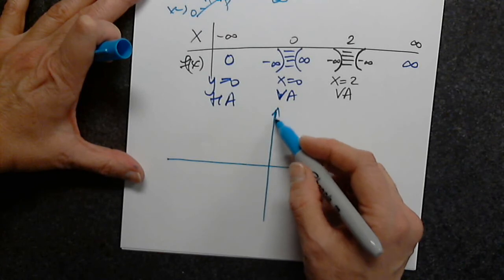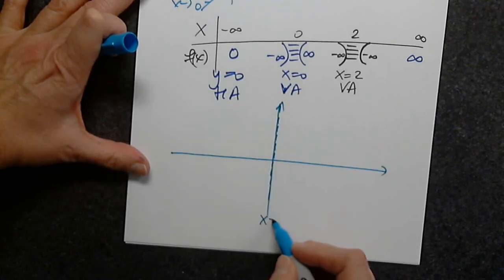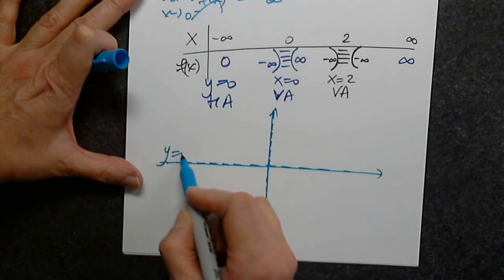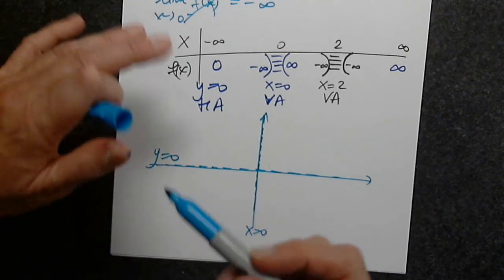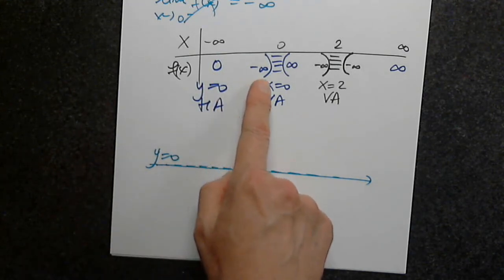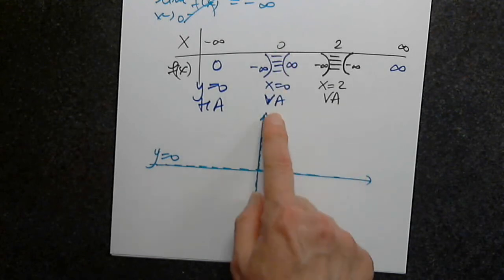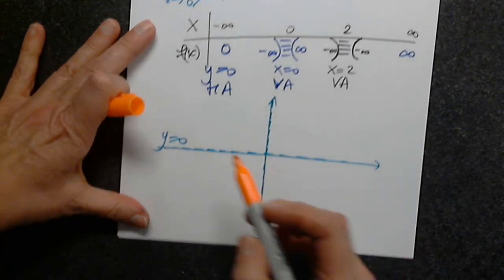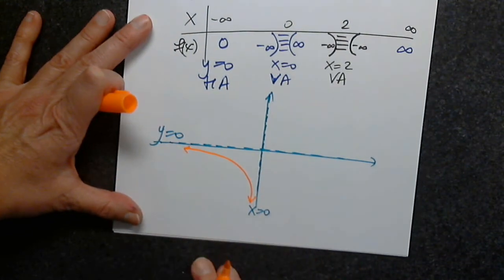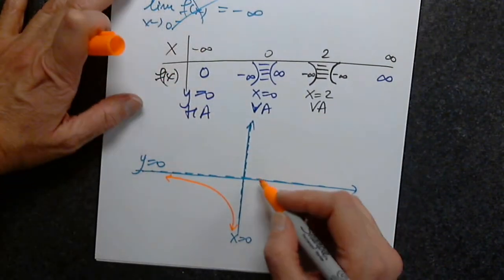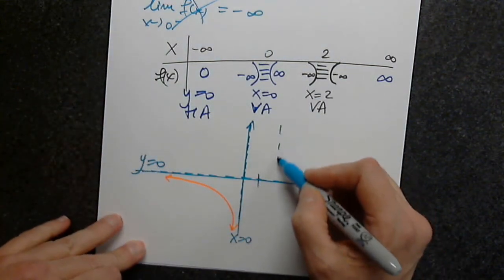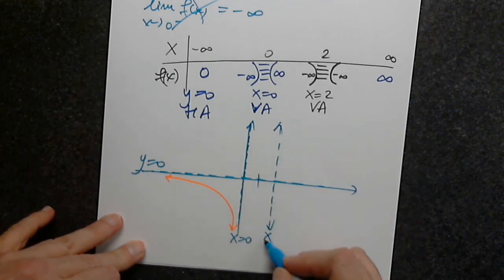So at 0, this is an overkill. You don't have to do it again. So the function is coming from 0 going to negative infinity on the left-hand side of the y-axis. Then at 2 is another vertical asymptote.